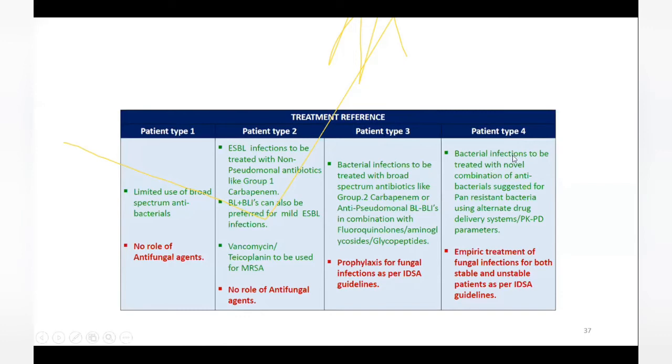And here bacterial infections should be treated with a combination of antibacterials suggested for pan-resistant bacteria such as Pseudomonas and Burkholderia, using alternate drug delivery systems or based on PKPD parameters, that is pharmacokinetics and pharmacodynamics. So to summarize, for the type 4 patient group, the antibiotic choice differs.